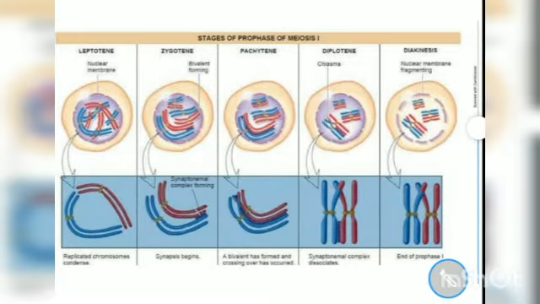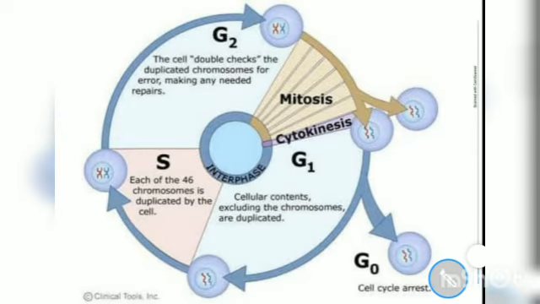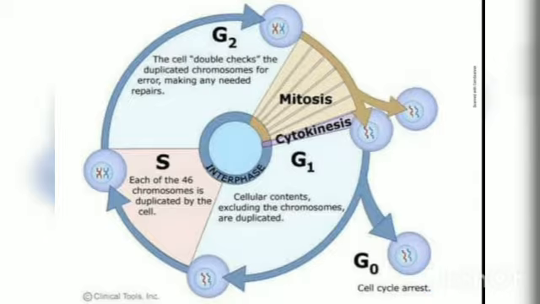Look at here. This is the graphical representation of your cell cycle. The cell cycle has three main phases: interphase, mitosis, and cytokinesis.